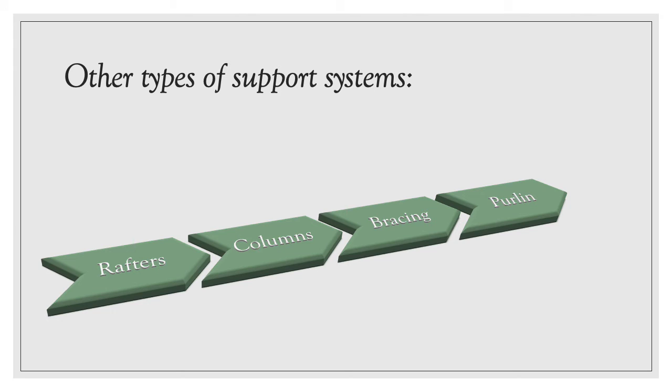Other types of support systems in construction consist of rafters, columns, bracing, and purlins. A rafter is a structural component that is used as part of a roof construction. It's a type of beam which holds up the main structure of a building's load and creates a roof's framework. A column is a vertical structural member that carries loads mainly in compression.